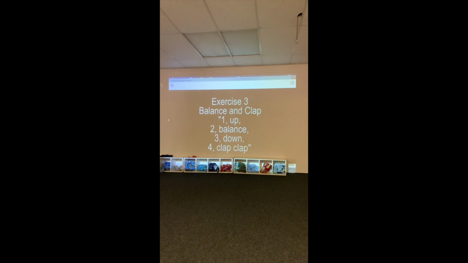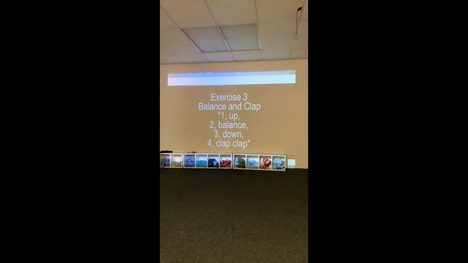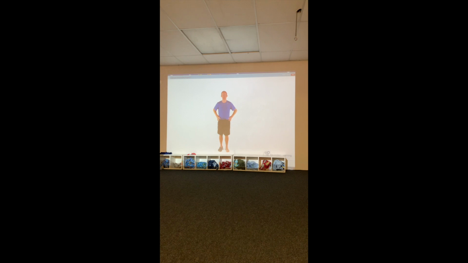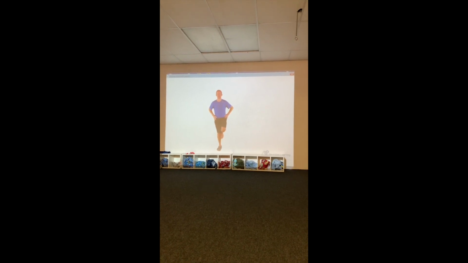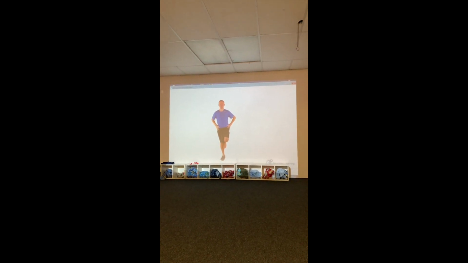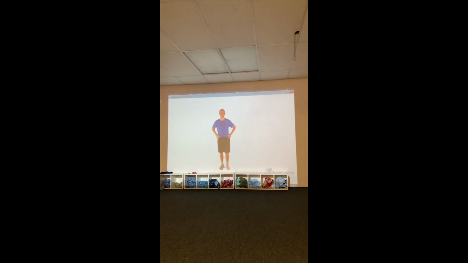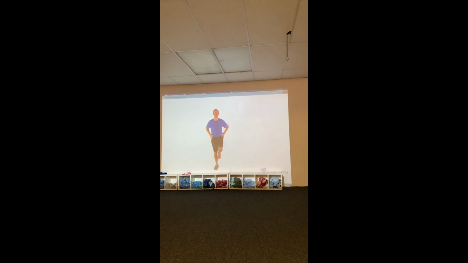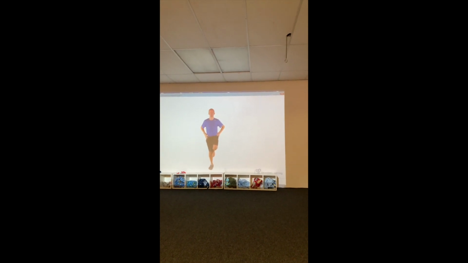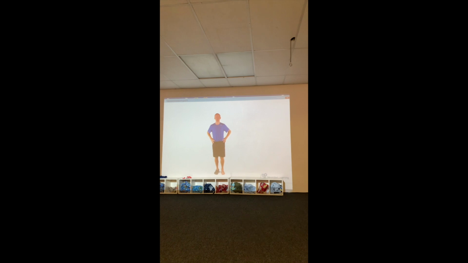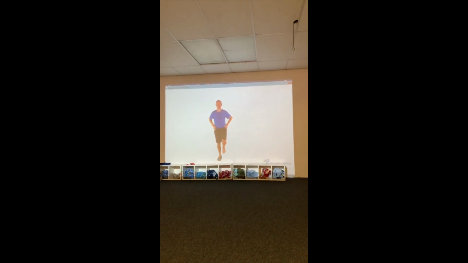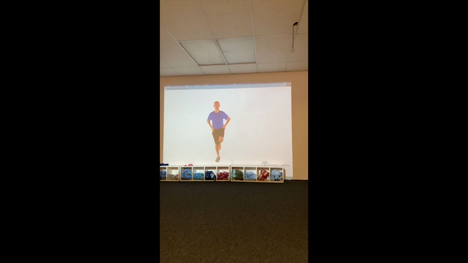This is one that they are practicing quite a bit at the moment. Ready, go. You can try. Balance. Down. Forward. 5, 6, balance. 7, down. 8, 9, balance.